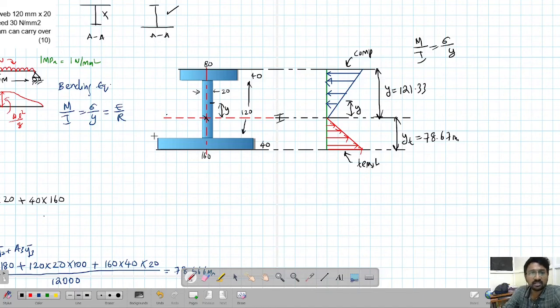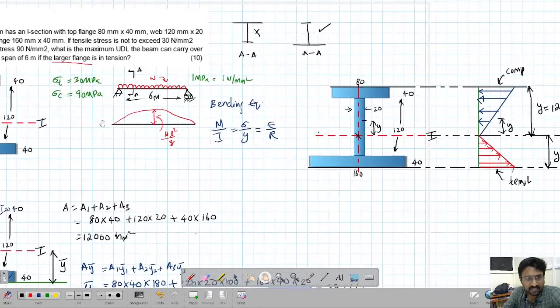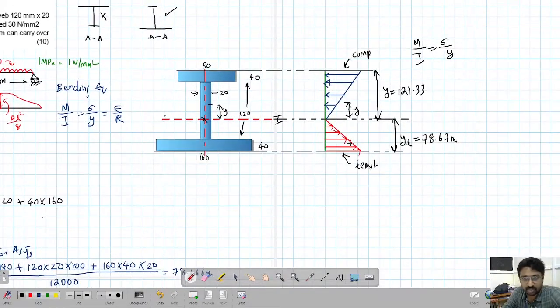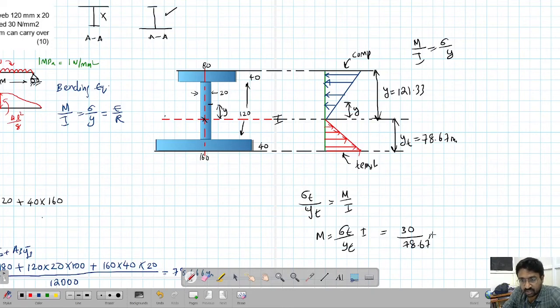Now let's substitute these maximum stress values and find at what moment we will get these values. Let's say sigma t is given as 30 MPa. Substituting in this equation, sigma t upon yt should be equal to M upon I. So M equals sigma t upon yt into I. Sigma t is given as 30, yt is just calculated as 78.67, and I we have just calculated.